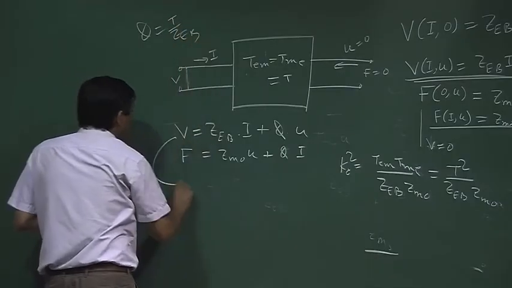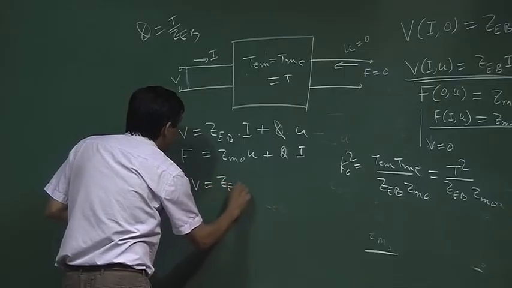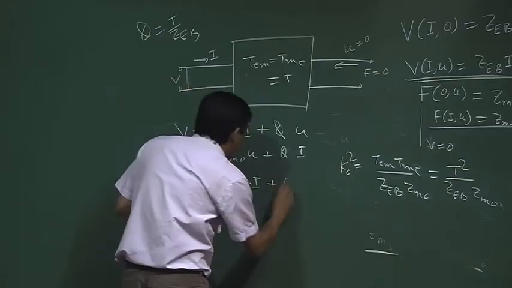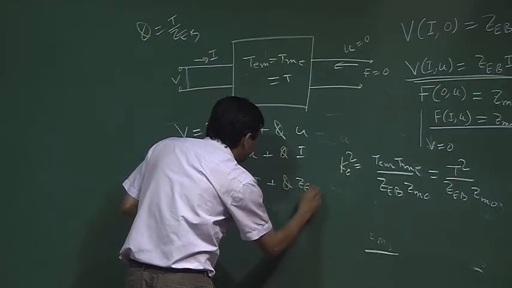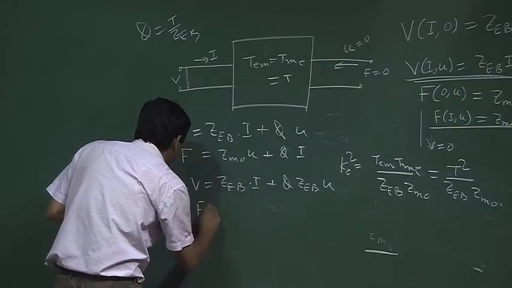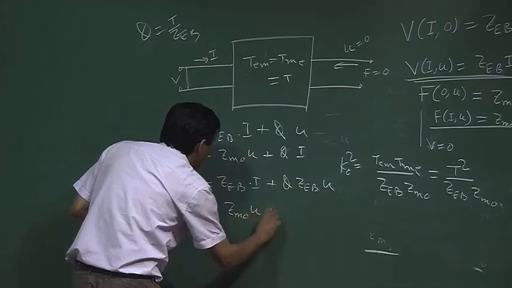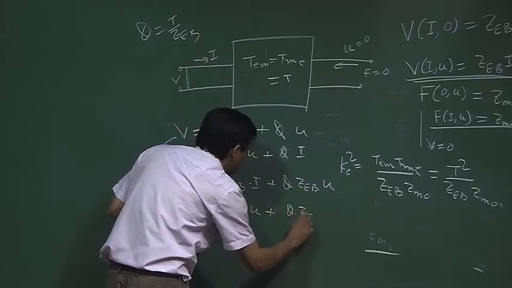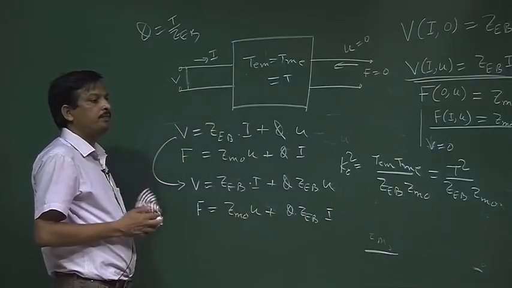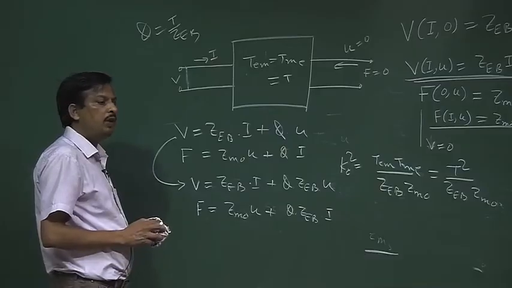Then this equation I can write: V is equal to JdV into I plus phi into JdV into U, and F is equal to ZMO into U plus phi into JdV into I.